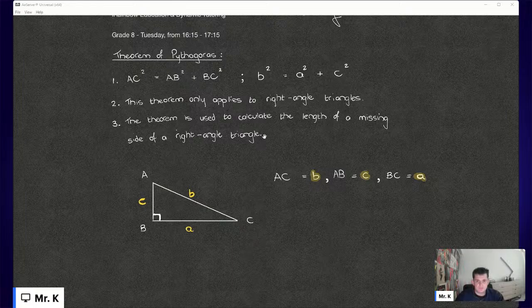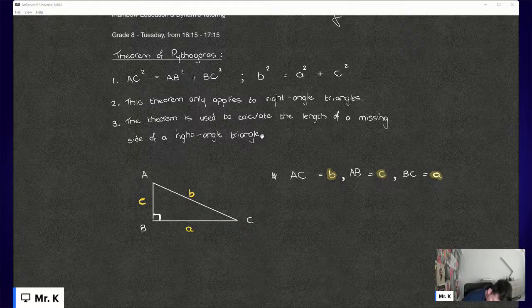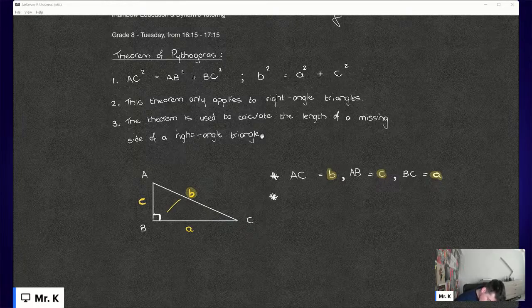Right. Now, there's something else that's quite important to remember, and we're going to write these down as interesting facts over here on the side. We can use a star to represent important information to remember. This side over here, grade 8s, that we see, is opposite the right angle in the triangle, right?